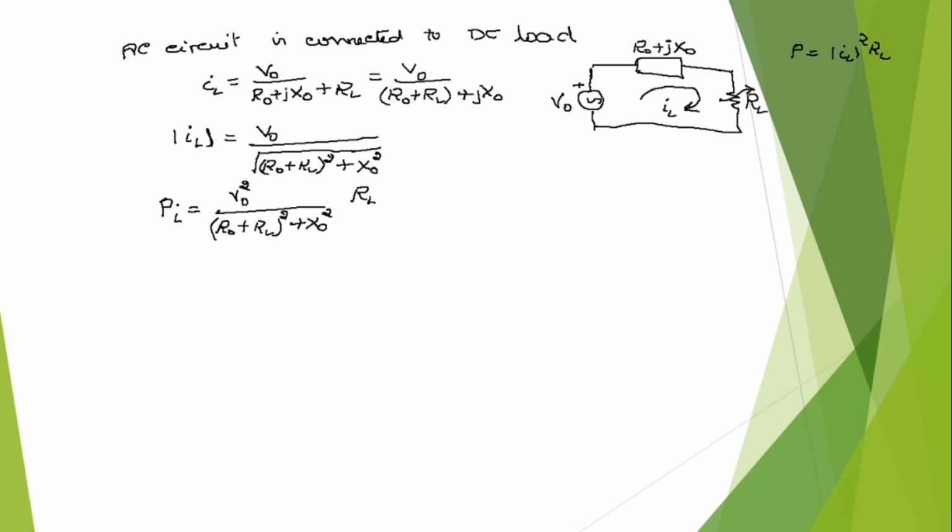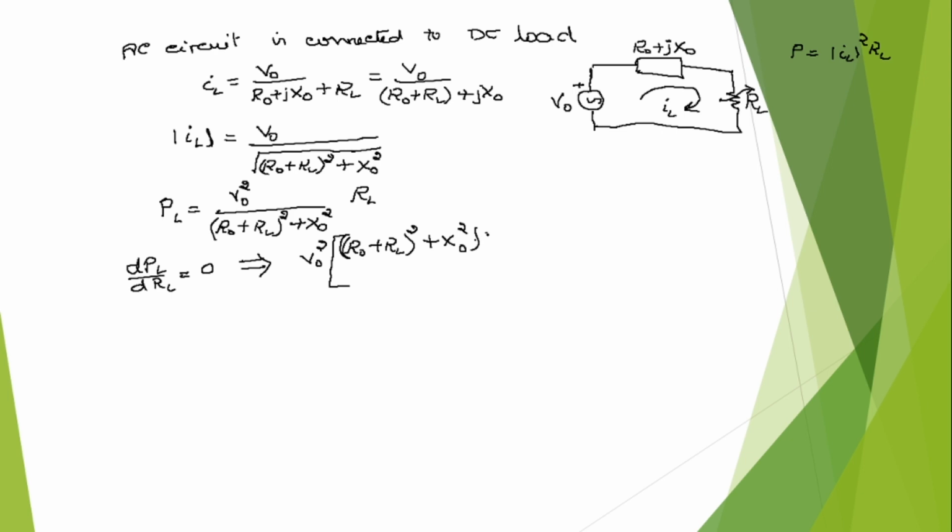Now, similar concept. To find the maxima and minima condition, what is the condition? dPL by dRL equal to 0, which means in this case what happens? V naught square is constant. Using U by V, V means R naught plus RL whole square plus X naught square into V into dU.